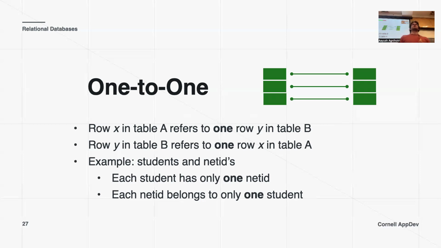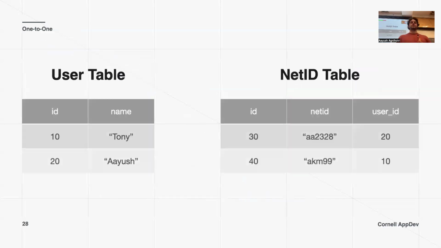Each Cornell student has a unique net ID, right? Multiple students cannot have the same net ID, and a student cannot have multiple net IDs. So each unique student has a unique net ID, and this is a good example of how one-to-one relationship logic works.